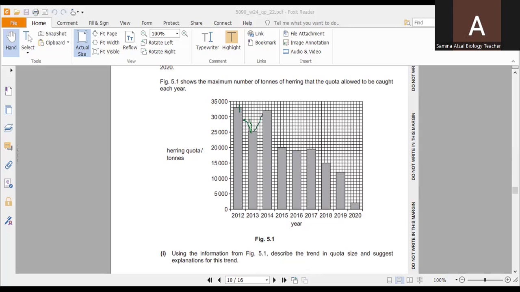Then again it increased in 2014, and from 2014 it decreased, with a little bit of a sustainable condition, and then decreasing and decreasing, with too much decrease in 2020. So in this way it shows a clear downward trend in the graph.